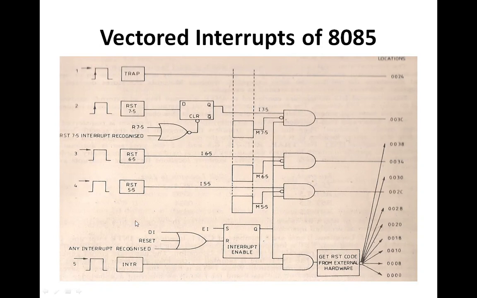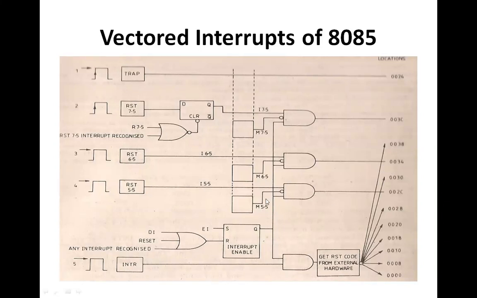Out of these, RST 5.5, 6.5, 7.5, and the TRAP interrupt lines are automatically vectored interrupt lines. Automatically vectored interrupt lines means if any device connected with these lines wants to interrupt the operation of 8085, then it automatically transfers to the specific memory location designated by page 00.